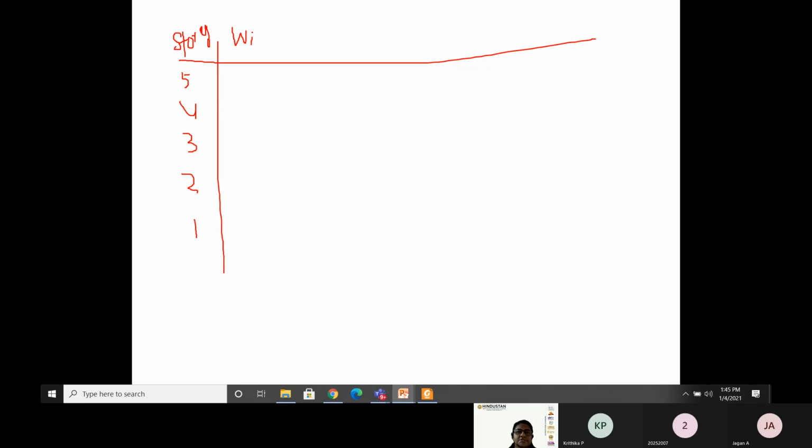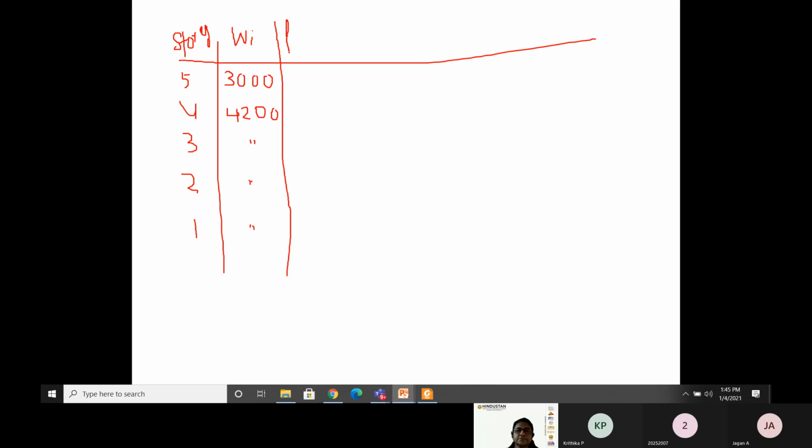Then seismic weight of each. Can you tell me what was the weight at the fifth floor? How much it was? 3,000. And for all the remaining floors, it was 4,200, isn't it? So 4,200 for all the floors.